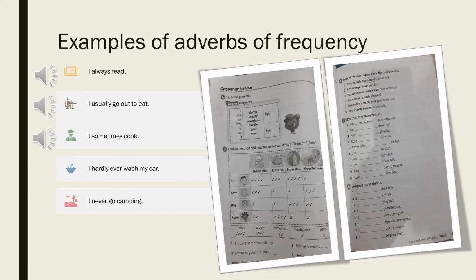Jim sometimes, no, Jim always plays ball. And the last one is Jim goes to the park. How many ticks are here? 1. So Jim hardly ever goes to the park.